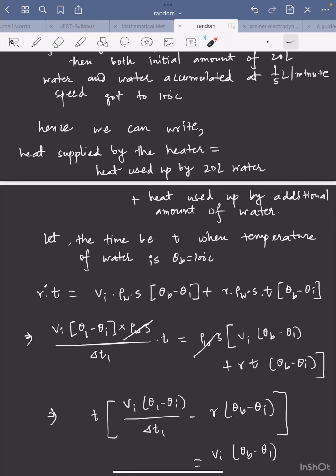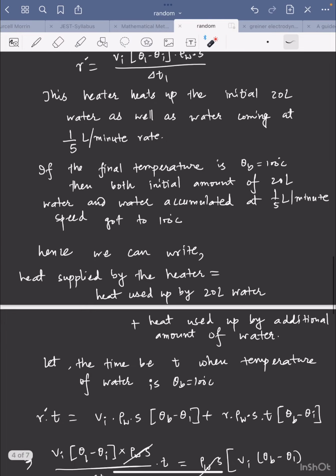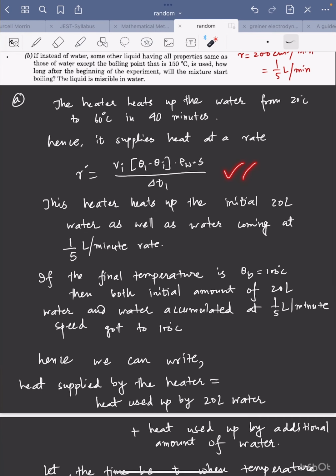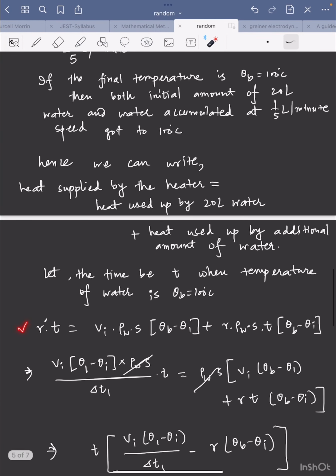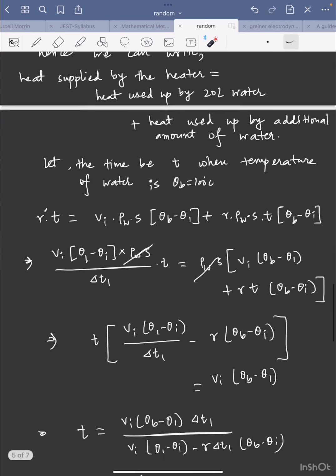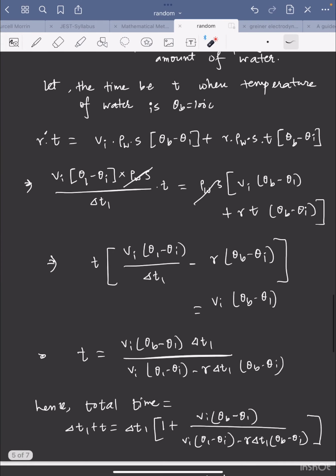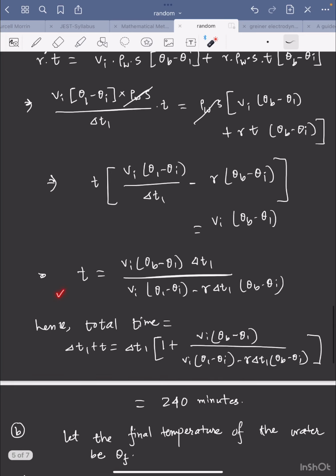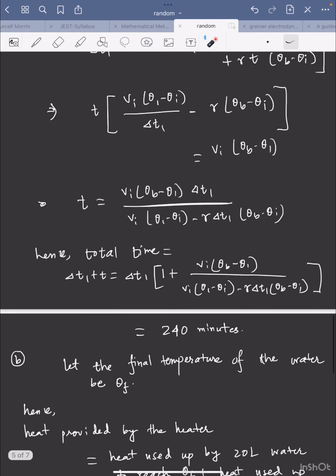So for it we can write R rho W S t (theta b minus theta I). We can put the value of R dash we found here into this equation. Rho W and S get cancelled and we get this form, and after some manipulation, in the final answer we have to consider the initial delta T1 time also, because it is asked to find the time for the whole experiment.